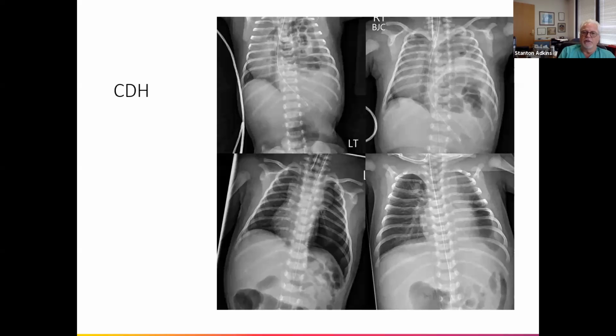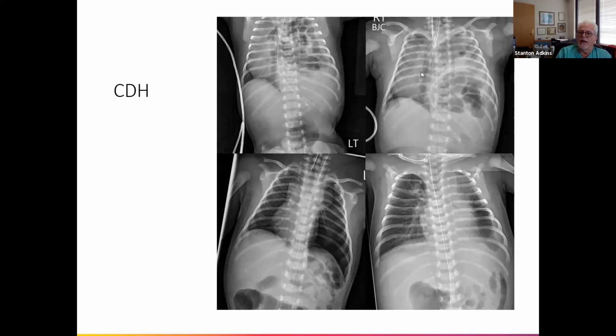You've all heard about congenital diaphragmatic hernias, and this is the sequence that we typically have in somebody who's not terribly sick. You can see that there is intestine up in the chest, that the mediastinum is shifted way over into the right side of the chest, and that the child is, you can't really see that he's intubated, but he is.